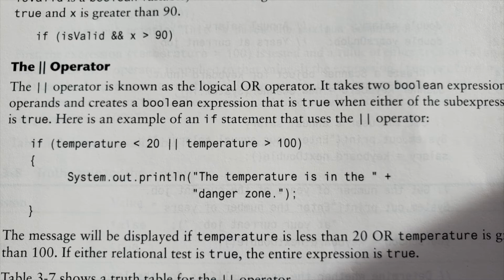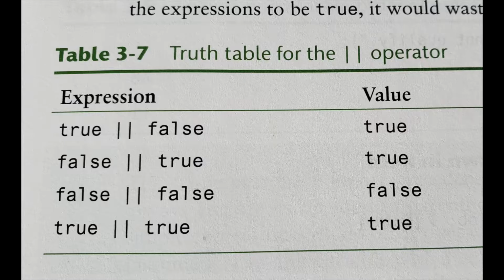The or operator will be used to check if at least one of the two conditions that are listed are true. When at least one is true, the whole condition will be true. So here you have the temperature exercise, but saying that if temperature is less than 20 or the temperature is greater than 100, so one of the two needs to be true, then the temperature is in the danger zone.